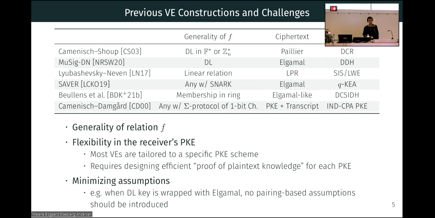On the other hand, the goal of this work is to achieve some flexibility in the receiver's public key encryption. We'd also like to minimize assumptions. For example, if you encrypt the discrete log using the ElGamal public key encryption scheme, probably you would like to avoid additional assumptions defined over pairing-friendly groups.